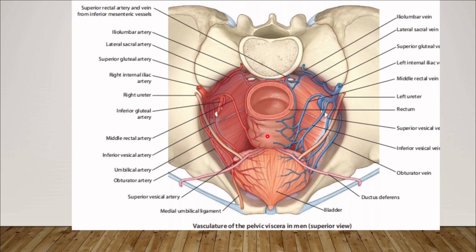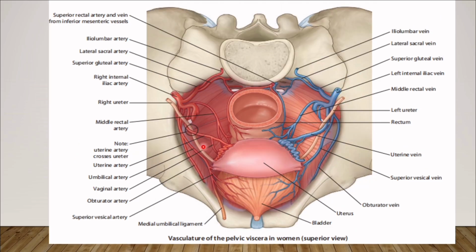In men, it will supply the posterior surface of the bladder. Not only the posterior surface of the bladder, it will also supply the seminal vesicles and the ductus deferens. In females, it's called the vaginal artery. It's called the what? The vaginal artery. Okay.